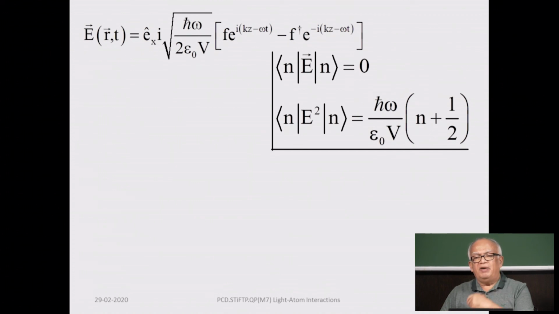So, the expectation value of E will be 0 in the occupation number eigenstate, but that of E square will not be 0. You will get a non-zero value which is n plus half times h cross omega by epsilon 0 V.